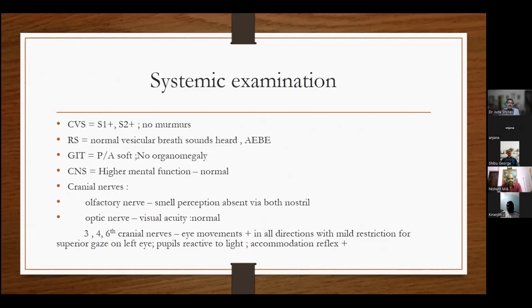Any objective test? These are all subjective. Any objective test? Sorry, sir, I don't know. Like evoked response, but it is not used clinically as a routine tool.